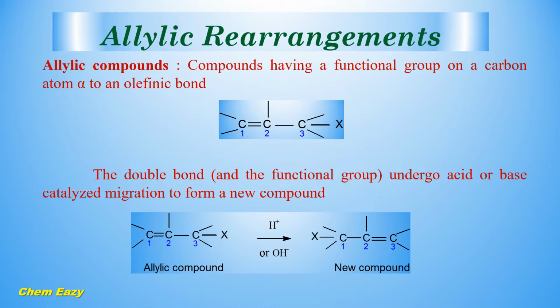allylic compound. In allylic rearrangements, the double bond and the functional group undergo acid or base catalyzed migration to form a new compound.